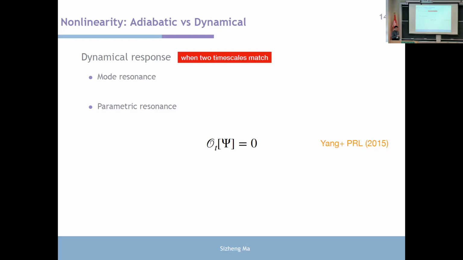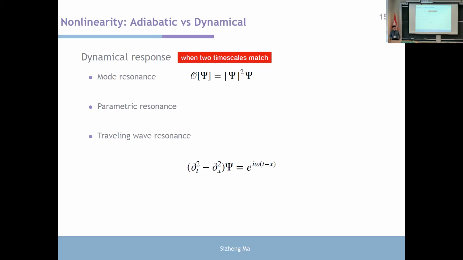Finally, I would like to highlight another class of dynamical response, which is called traveling wave resonance. This resonance is by nature very different from the first mode resonance. In the first case, we get resonance when the driving frequency matches some internal eigenfrequency of the system. However, there is no such requirement in traveling wave resonance. Let's again consider a toy model, a 1D wave equation driven by a traveling plane wave.